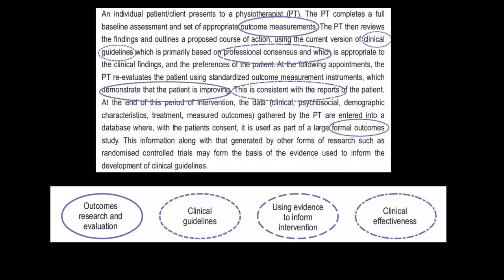Okay, so if you look at the paragraph, I have marked a few circles. I have marked a few lines over some words. A full circle suggests we are talking about outcome research, outcome measurements for evaluation of a patient. Now, you apply some kind of therapy or intervention using some kind of clinical guideline. For example, ultrasound, when should you use 1 megahertz or 3 megahertz?